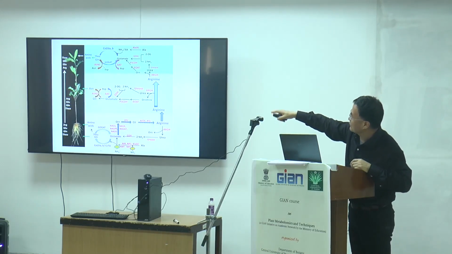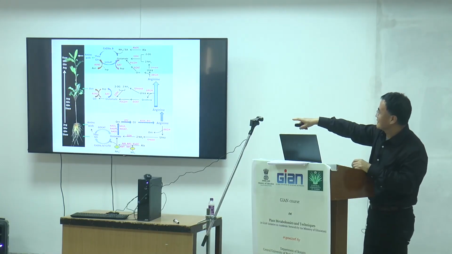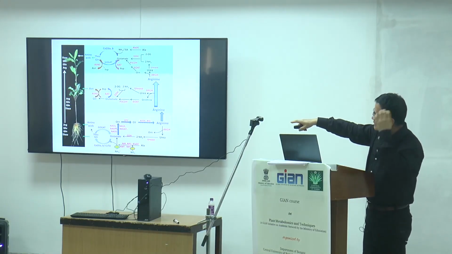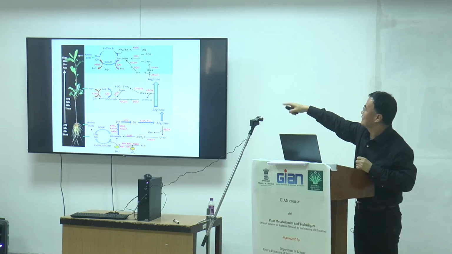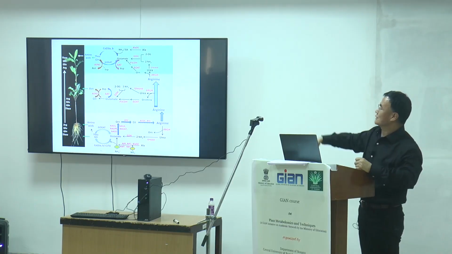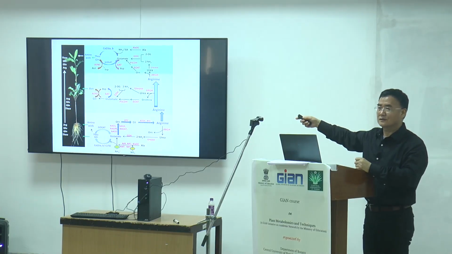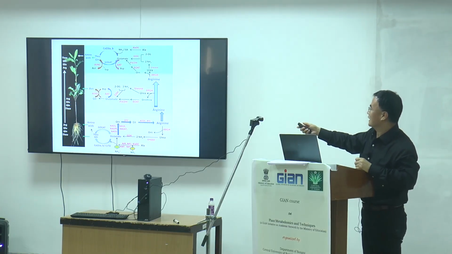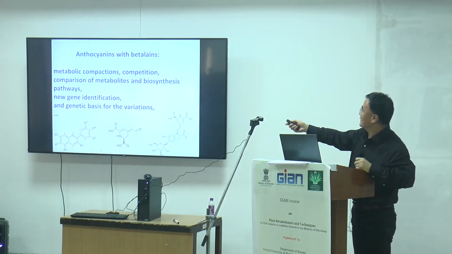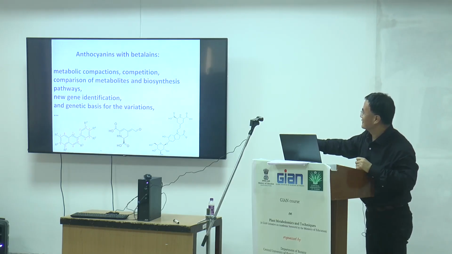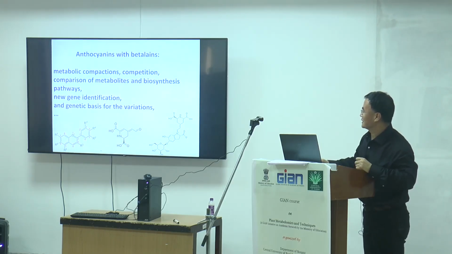So totally we propose that theanine, glutamate, and glutamine are transported and then go through different metabolite cycles, finally generating more amino acids.